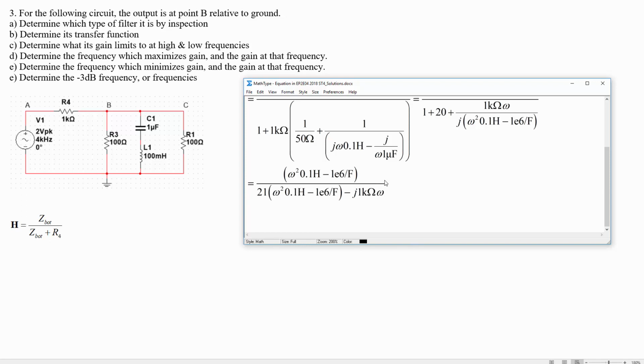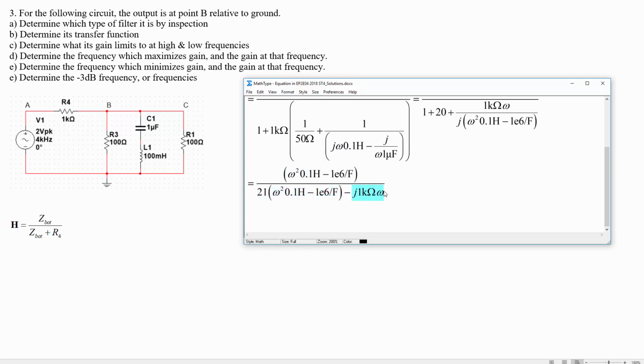And looking at this thing, we expect something that goes to 0 when we're at the resonant frequency. And sure enough, if we have this frequency somewhere in the middle that's going to cancel out this term, which came from the inductor and the capacitor in series, then we're going to get 0 in the numerator, but not 0 in the denominator. Whereas at either extreme of frequency, this term will dominate.